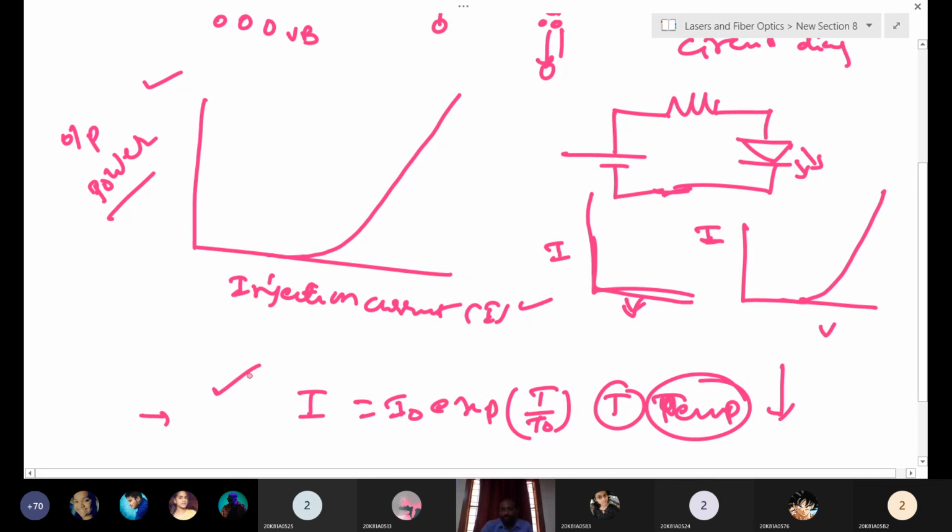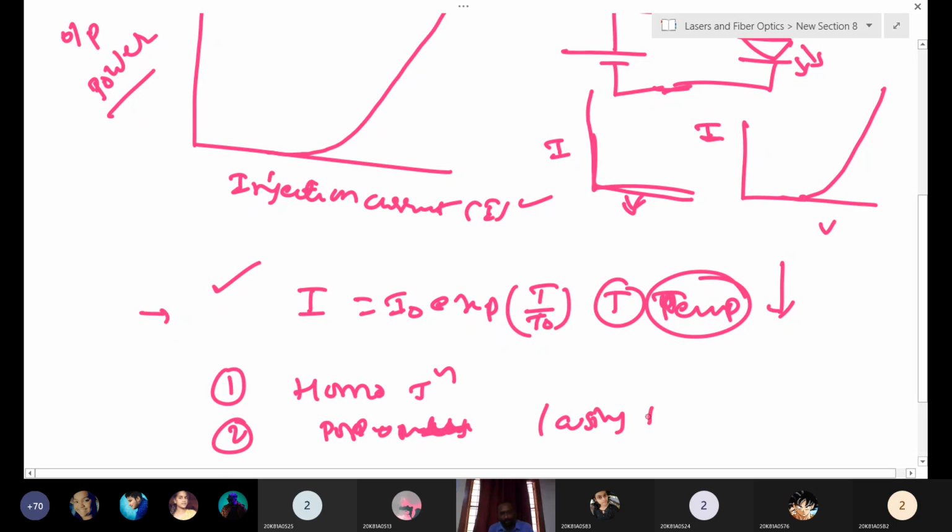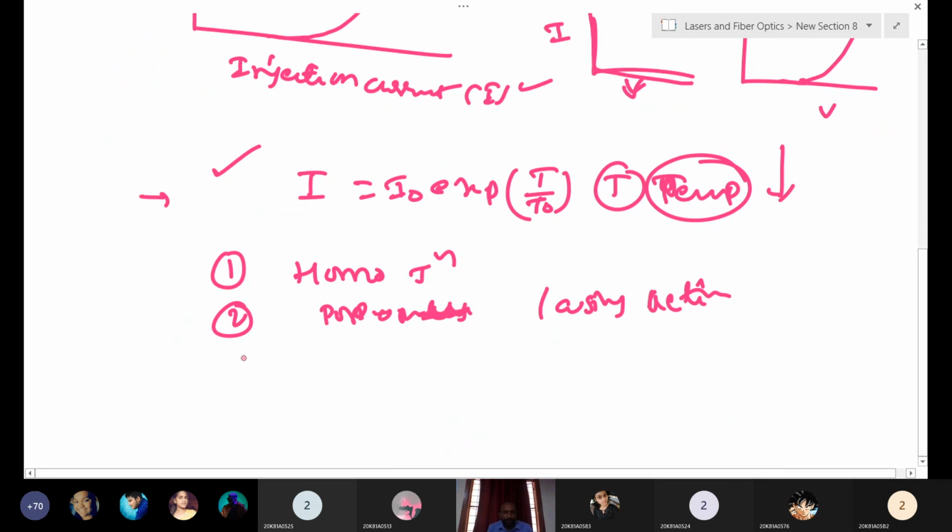What you will write first, if they ask in the exam: first you write the definition. What is homojunction? Write how you are getting population inversion or lasing action. These two terms, population inversion and lasing action. How you get the lasing action, and after that, how recombination photons are emitting, or how photons are emitting, and you write the construction.